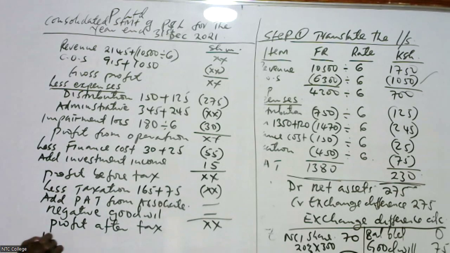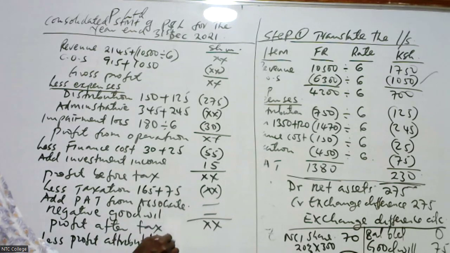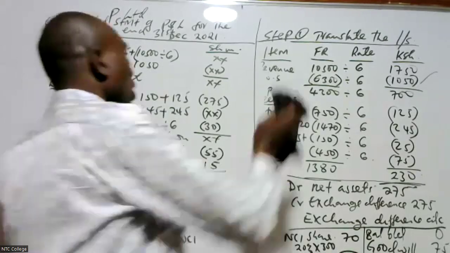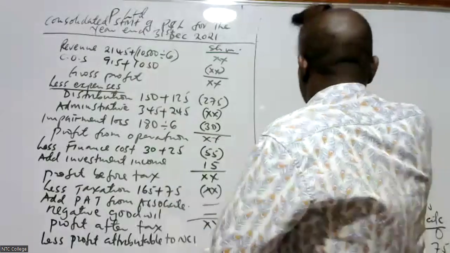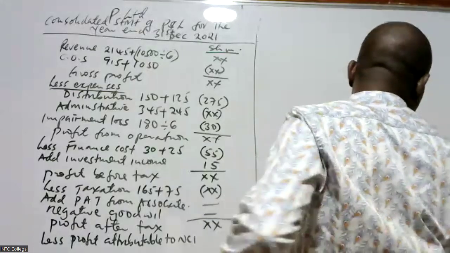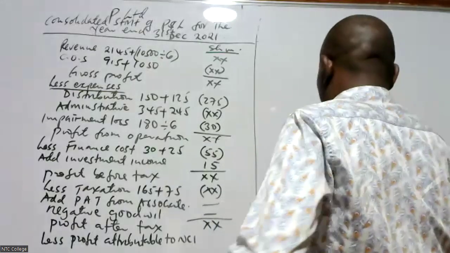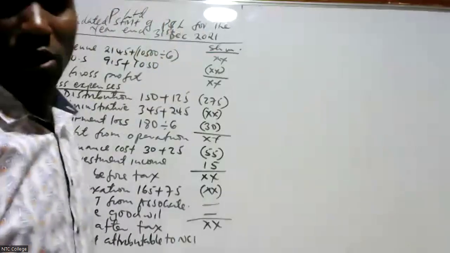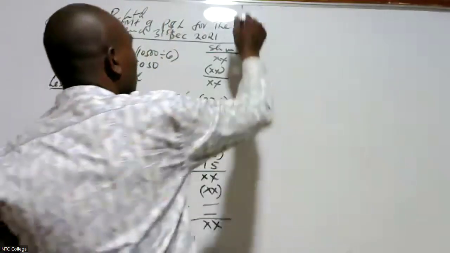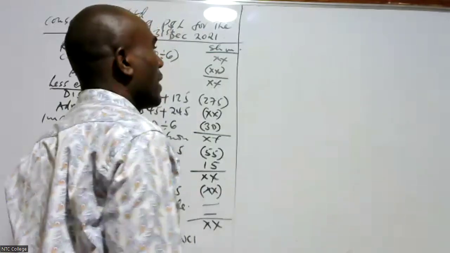Then we come to less profit attributable to NCI. Now, I showed you how to get profit attributable to NCI, but let me also repeat in this question, for the purpose of internalizing, because I know when you do it several times, you internalize very well.